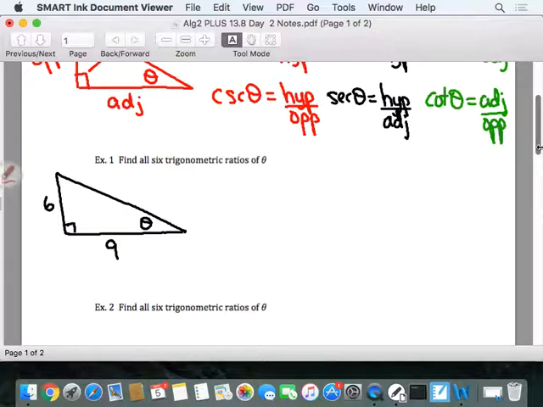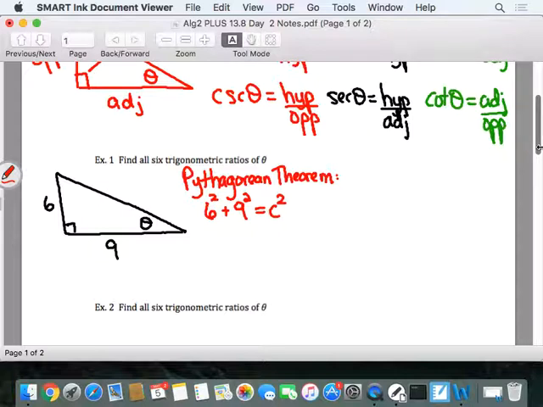Well, we have something in our tool belt called the Pythagorean theorem. So let's pull out that tool, and we would take 6 squared plus 9 squared equals c squared. Well, that's 36 plus 81, so c squared is 117, so c is the square root of 117.